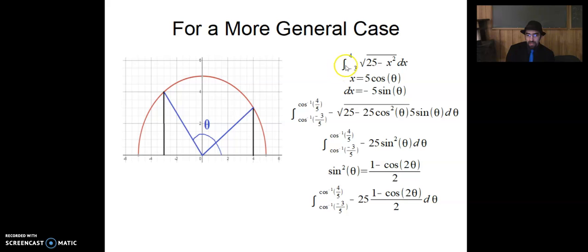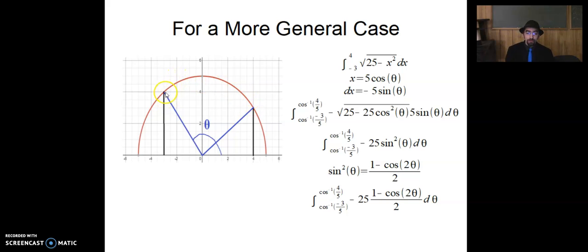For a more general case, we're going to integrate from -3 to 4. Our function is going to be the square root of 25 minus x squared. Now, instead of integrating vertical strips as I move across at a constant horizontal rate, if my angle theta, the angle in standard position of this line segment, is rotating at a constant rate, how much area am I sweeping out?